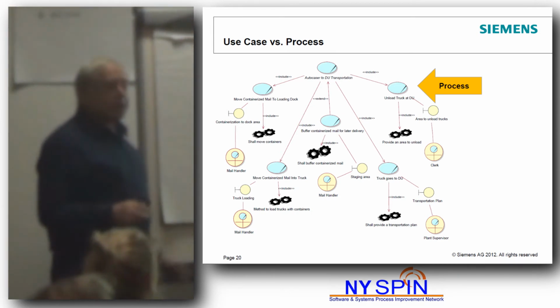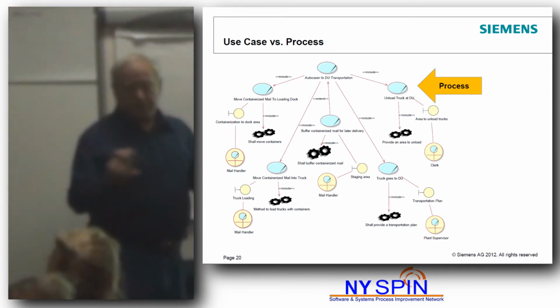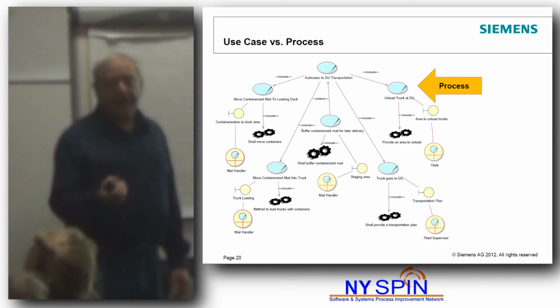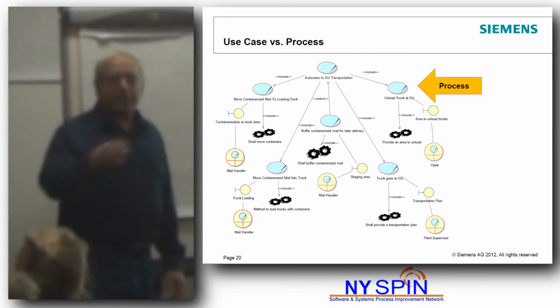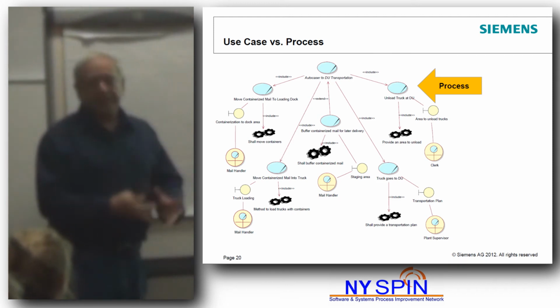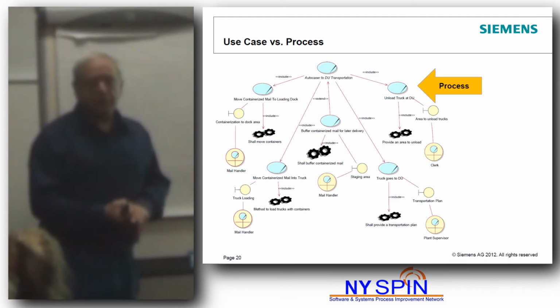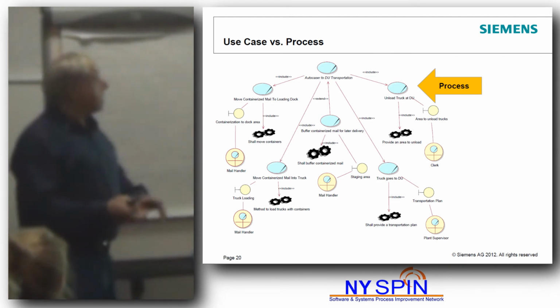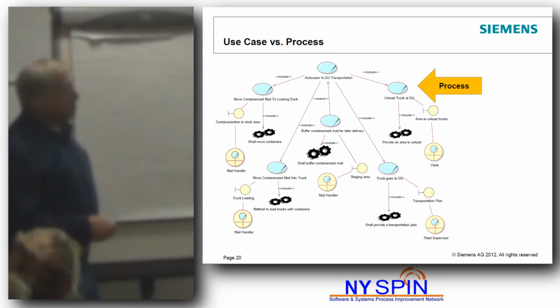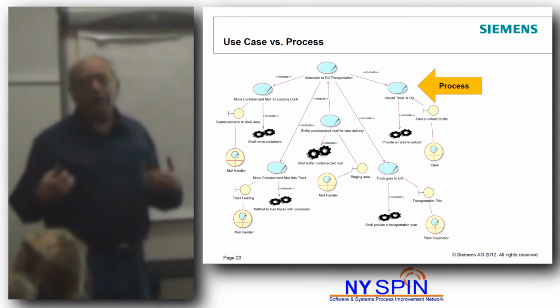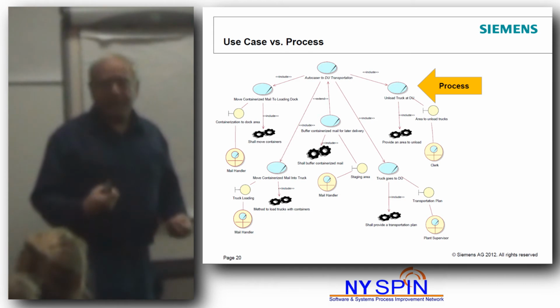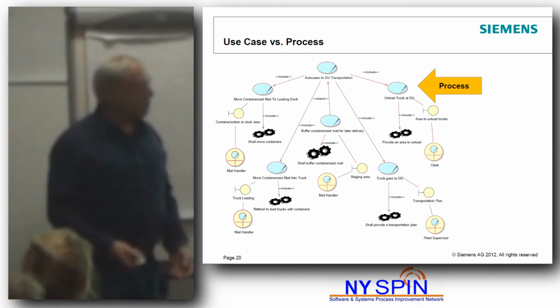A process is what happens in the customer environment, and a use case is the interaction of the system under study with the outside environment and the decomposition of that interaction, and they're totally different. So the process is what's happening outside, and the use case is what's happening at the interface and inside.